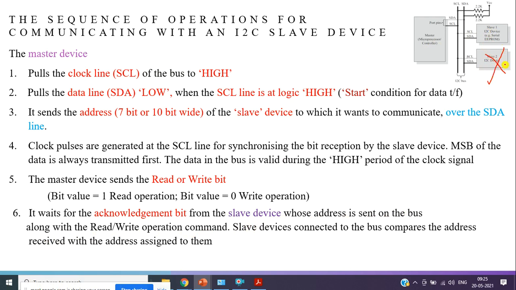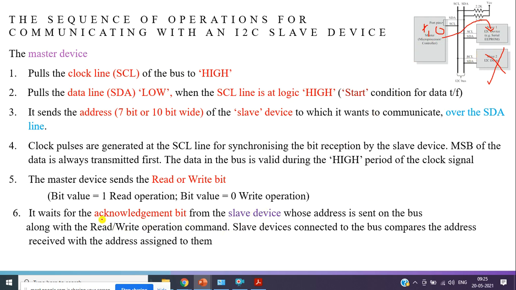Now this is what I told. Once it matched with the address of slave 1, let us assume that slave 1 got the correct address, and now it is ready, the data is also ready. Now, whether to read or write is based on the 1 or 0. Let me assume it is 0. Now what does it have to do? It has to write the data onto the slave device.